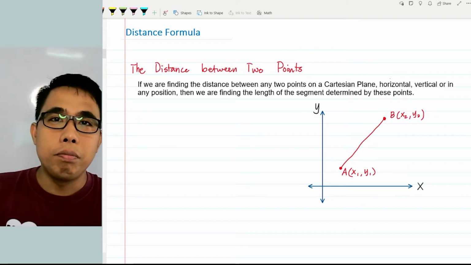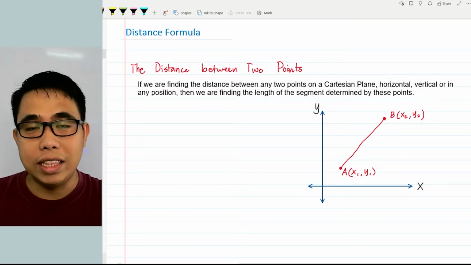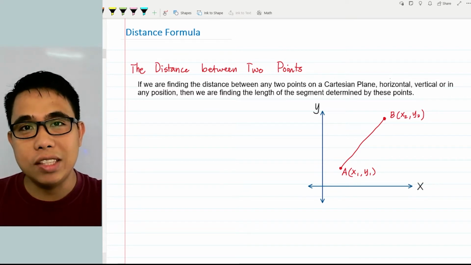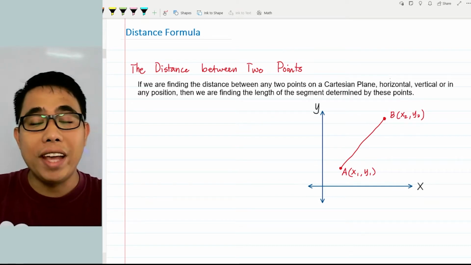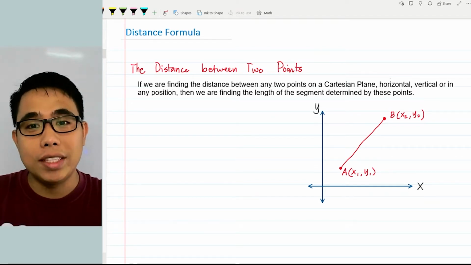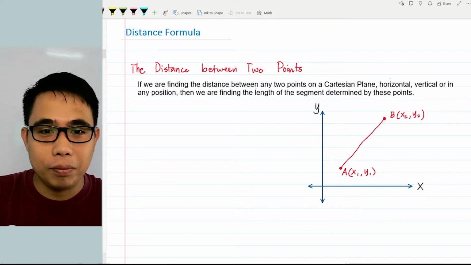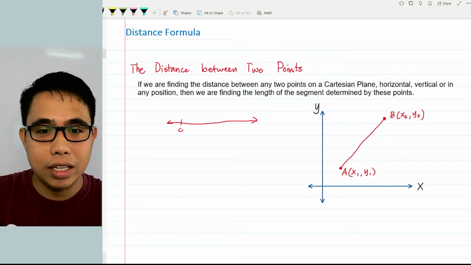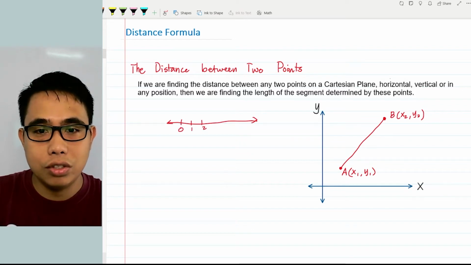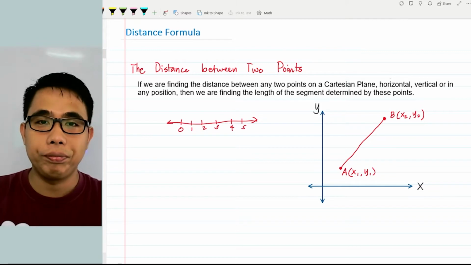Before we proceed to the length of AB, let us recall finding the distance between 2 points on a number line. So let us consider a number line here. Let's have it at 0, 1, 2, 3, 4, 5.